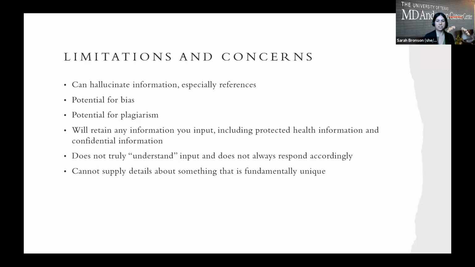AI also just can't extrapolate from incomplete information when talking about something that's fundamentally unique. And I think that we have all recognized this more as we have experimented with this. If you give it the cliff notes of your original research study that you just did, it's not going to spit out a draft that you can work with unless you really go small section by section, piece by piece.